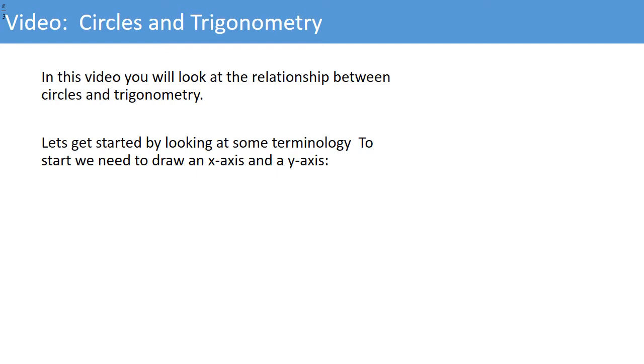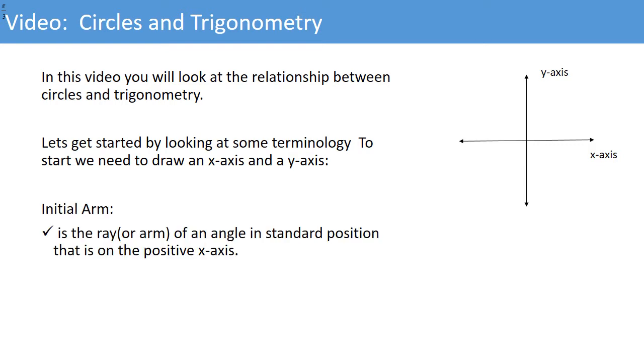To start, we will draw an x-axis and a y-axis coordinate system. It should look like this. The initial arm is the ray or the arm of an angle in standard position that is on the positive x-axis.